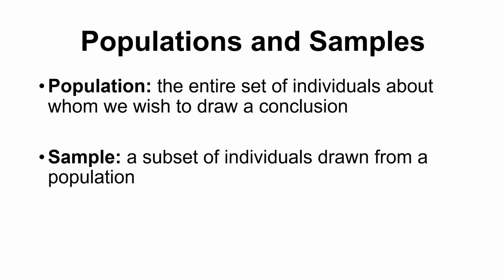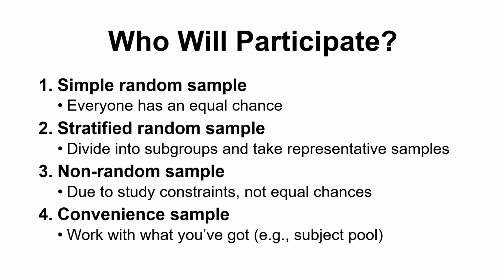So if we're trying to study brains, then we want a sample that represents the brains of humans across the whole world. So we can have different kinds of biases in our samples, but we'll come back to that in just a minute. First, I want to talk about how we actually obtain a sample. So how do we choose who we're going to study from our population as a whole? So the first of these is a simple random sample.